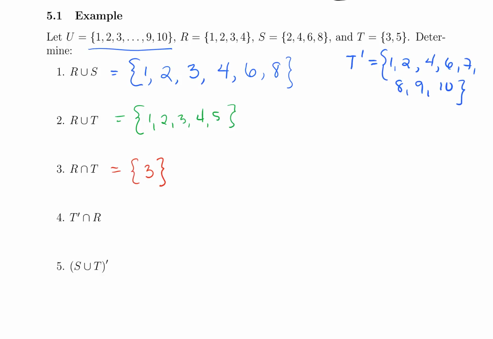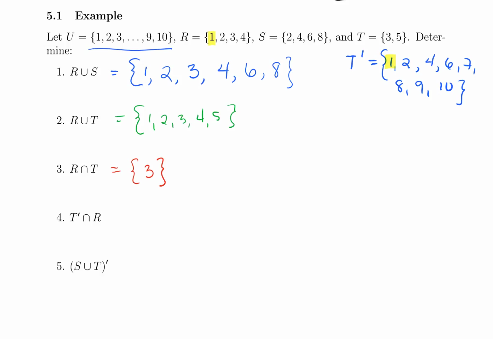Okay? And so now we want to intersect T complement with R. So let's find the common elements between our new set, T complement, and R. It looks like R is the smaller set, so I'll use that to compare to T complement. There's a 1 in R and a 1 in T complement.